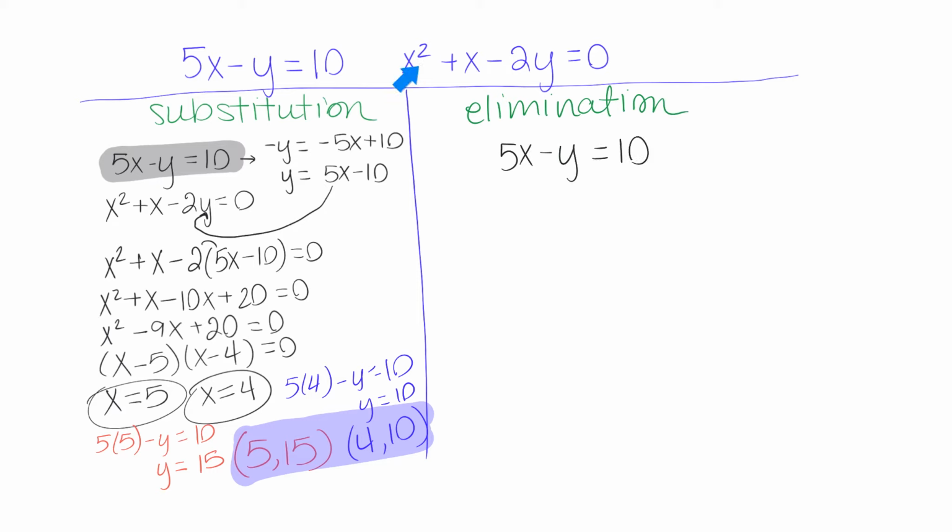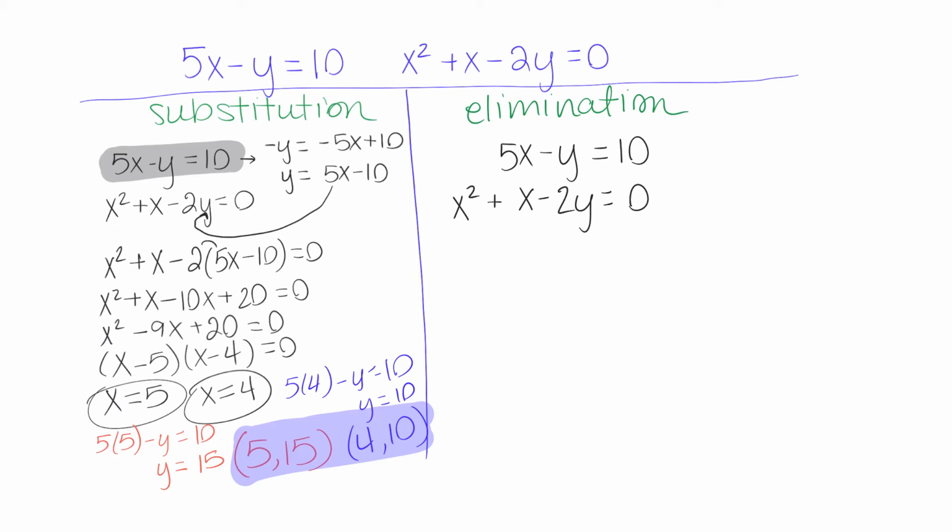So that means when I go to stack this, I need the x to be under the x and the y to be under the y. That means this x squared is going to kind of chill off to the side because this one doesn't have an x squared. So I'm going to set my x squared off by itself so I can line up my x and y and my constant.